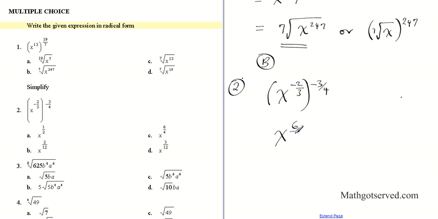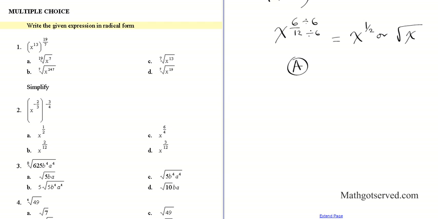We have 6 over 3 times 4 is 12. So what we'll do next is basically divide the numerator and the denominator by 6. And then that gives me x raised to the 1/2, or the square root of x. Any of these two answers will suffice. So our answer for number 2 is option letter A.